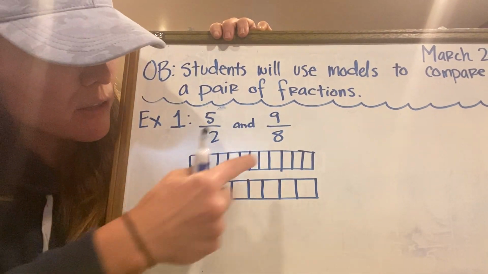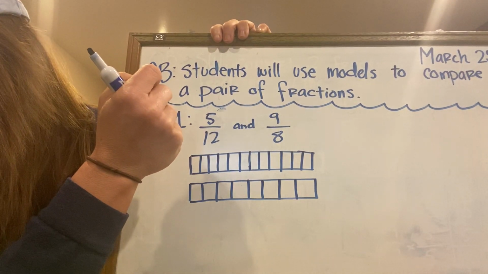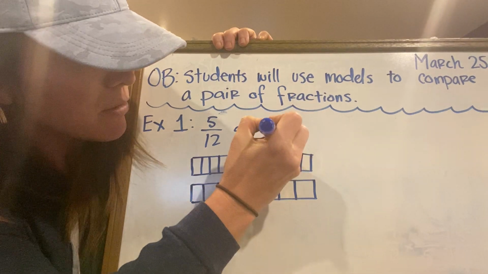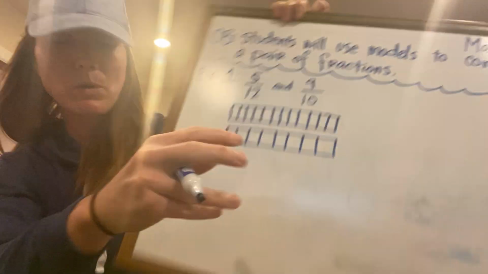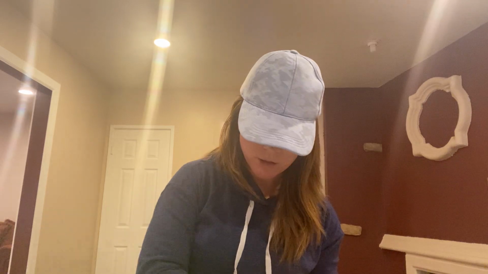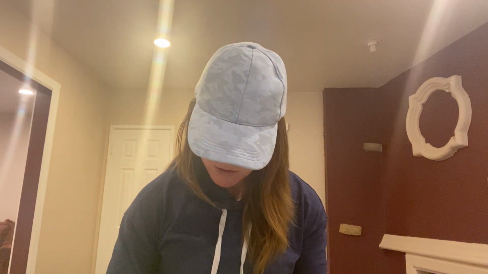Let's make sure that they're... hold on a second. 9/10. Let me make that correction right now. Let me redo this. Miss Quigley is a little out of it right now.